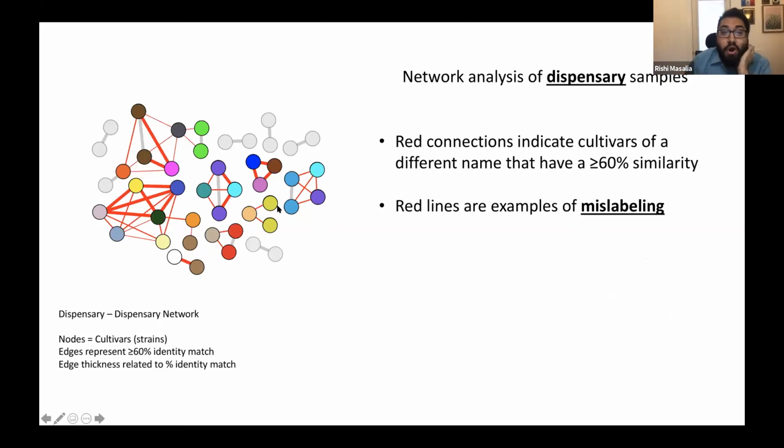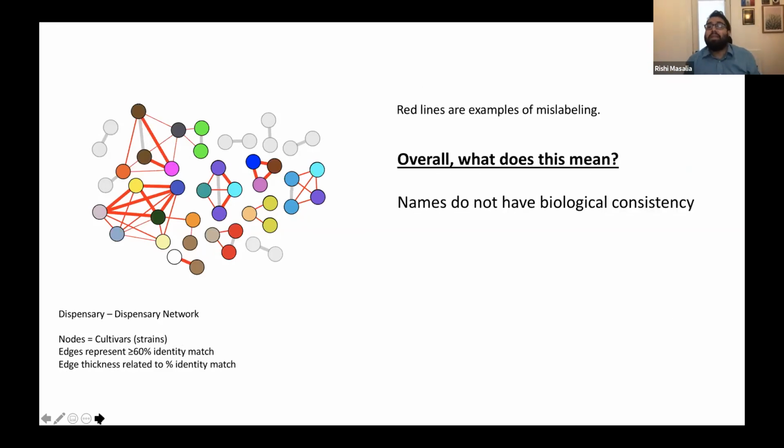Most of the connections fall into this category. So overall, what does this mean? Essentially, it means that names don't have biological consistency. We've talked about this throughout the entire talk, that naming can be changed, and it definitely reflects in these dispensary samples.